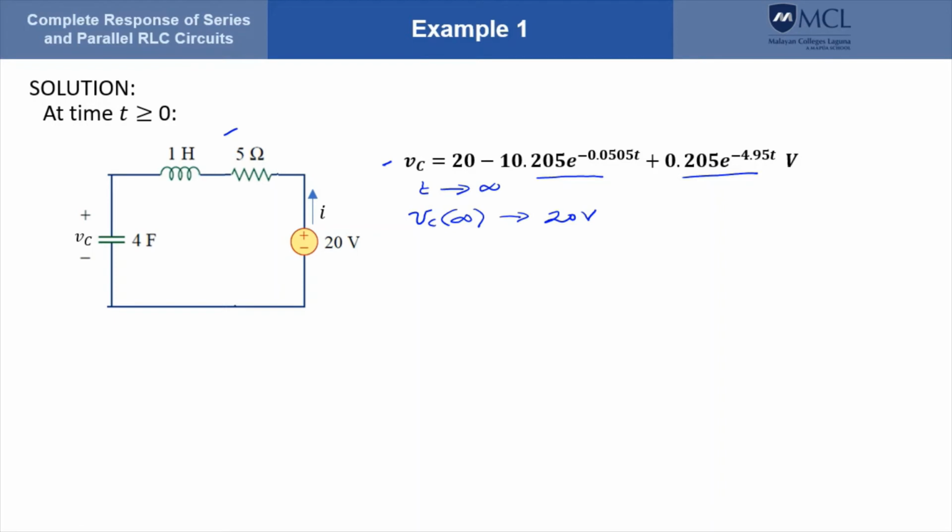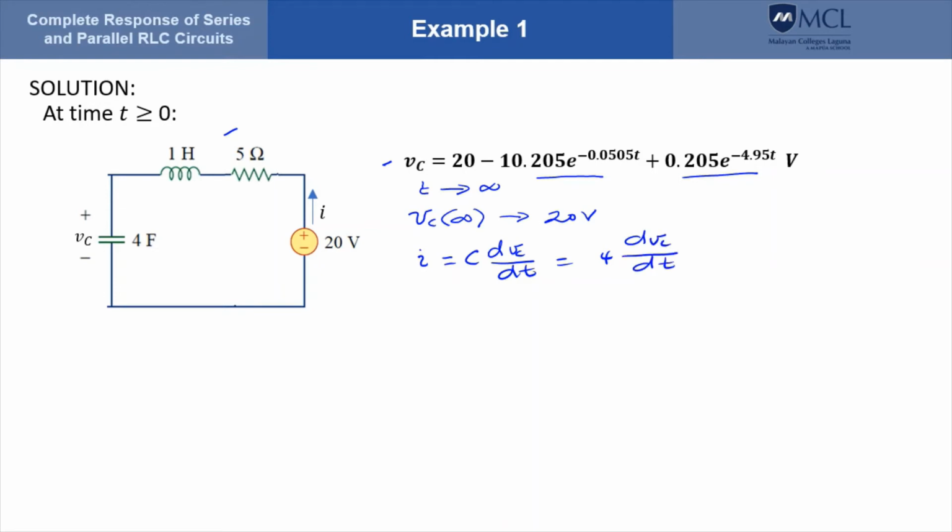We can also compute for I, which, we said, is C dVc/dt. So this is 4 times the derivative of Vc.